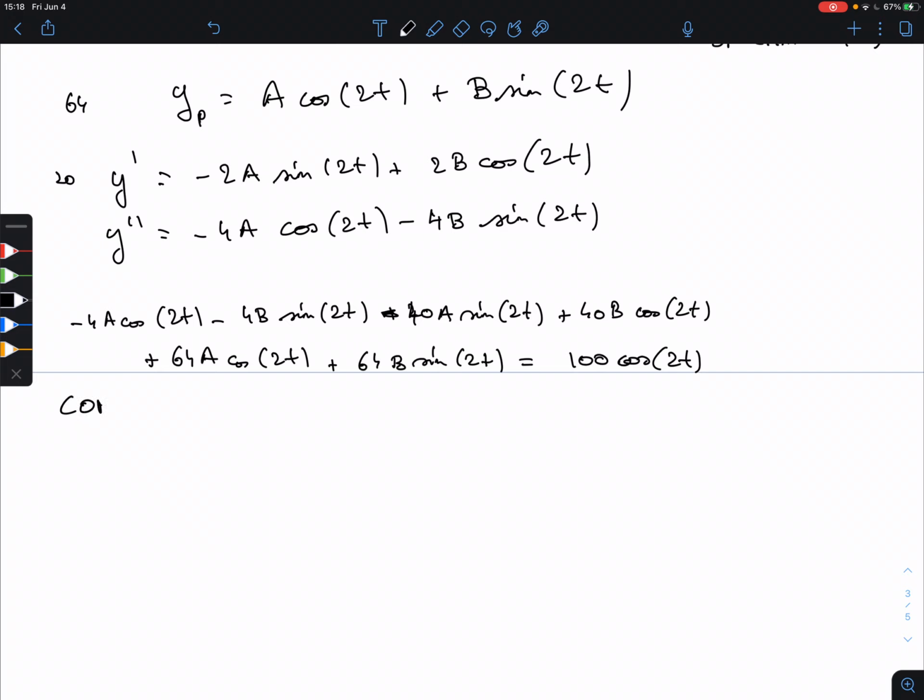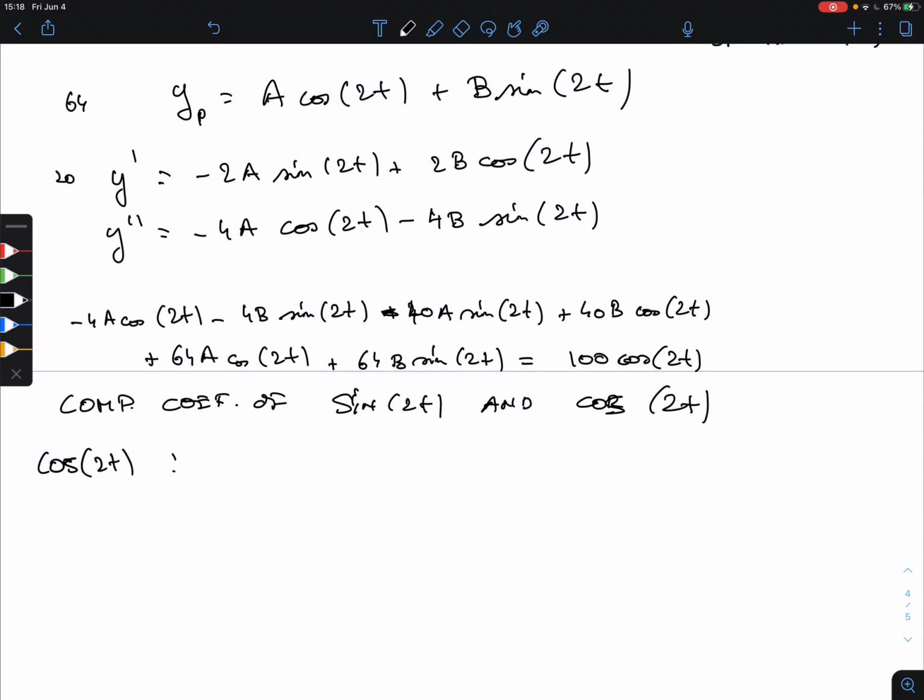So we compare the coefficients of sine 2t and cosine 2t. Let's do cosine 2t first. We have minus 4a plus 40b plus 64a, and that is equal to 100. Don't forget there's something on the right hand side also. And then for the sine, I'm writing down just the coefficients here, right?